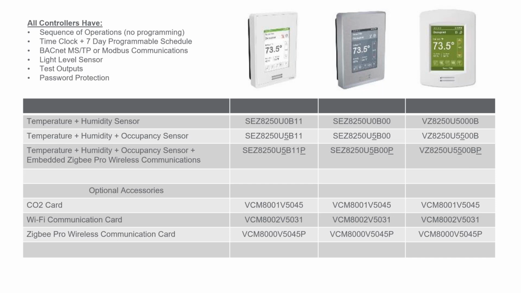So typically, what I recommend folks to do is buy the P version, which has the Zigbee embedded in it, and that leaves the slot open that allows you to either put the Wi-Fi card in it and bring it in via IP, or you can put a CO2 card in it as well. And just one thing about CO2, we have a Zigbee wireless version of that, and then you can also hardwire CO2 into it.